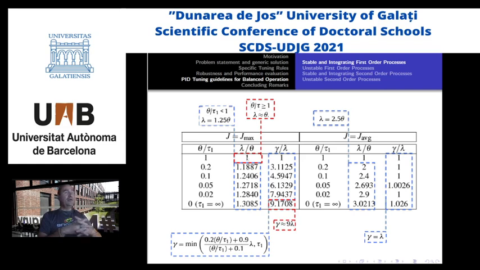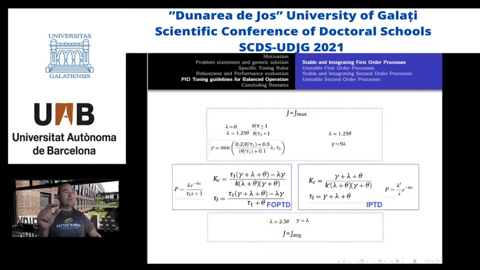And then you take these values, these selections that you have in the dashed box here, and you put them in the corresponding formulas. So the final result is that you have the blue box here for the two base cases, first order plus time delay and the limit case of integrator plus time delay.